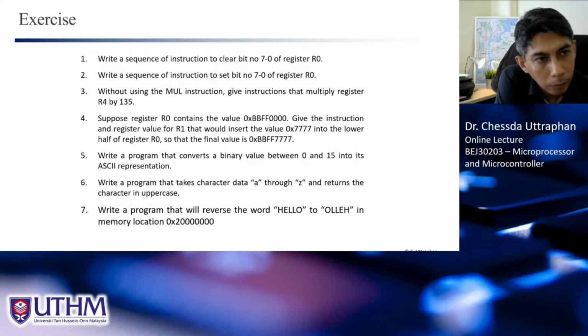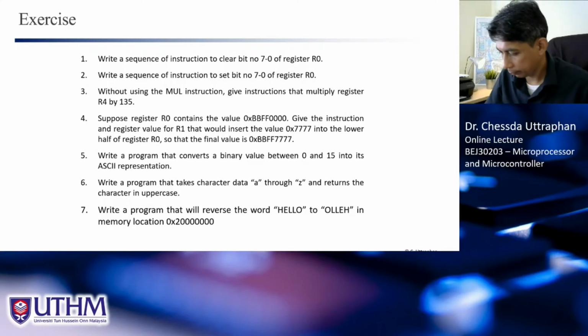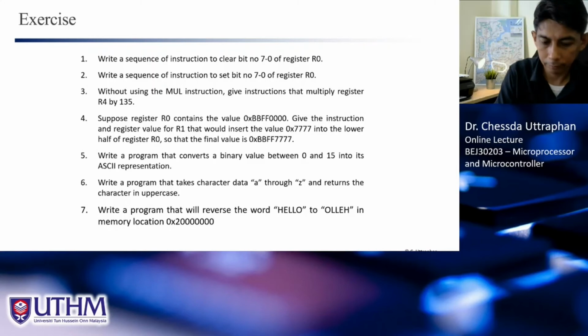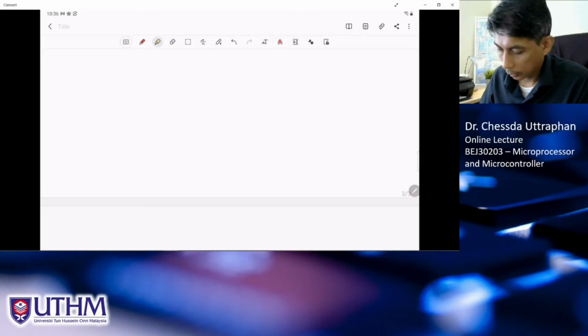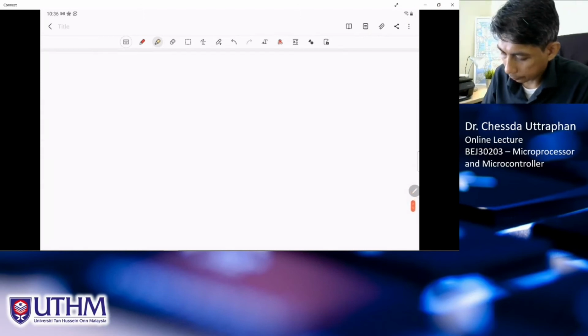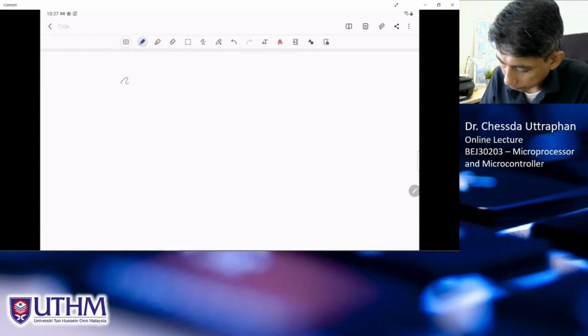Number 1: write a sequence of instructions to clear bit number 7 to 0 of register R0. How to do that? So we have this in R0. We don't know what is inside R0 initially.